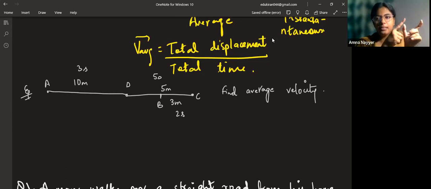So 10 meters in 3 seconds, then went ahead 5 meters. Now 5 seconds have elapsed, then returns 3 meters. What is the displacement? Total displacement by total time. All of you should at least try, whatever answers you're getting, whether correct or incorrect. That's okay, I'll discuss it in any case.